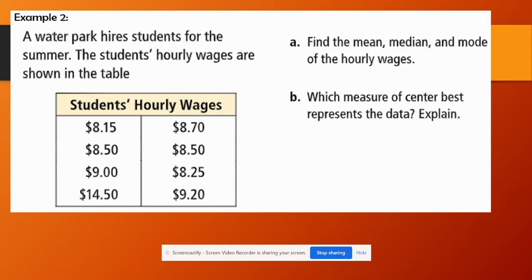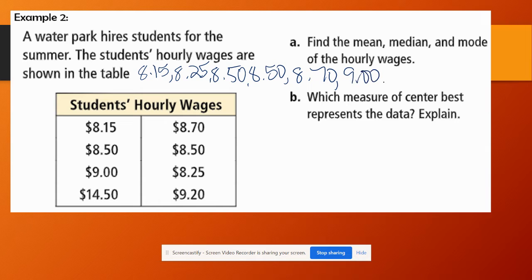All right, we have our water park here. I'm going to again put this in order from smallest to biggest wage. So I have 8.15, 8.25, 8.50, 8.50, 8.70, $9, 9.20, and then $14.50.